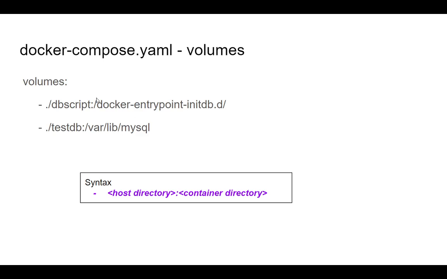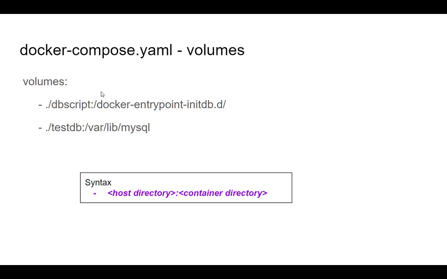So here on the right hand side we have the container directory, and of course this is in memory, so that will be mapped to the physical disk at this directory on my host. And the same thing here, we have the Docker entry point, which is kind of special, and we have the testdb. So this is where MySQL puts the database. So the database will actually be written to testdb on my host, and I'm going to talk about this just now.